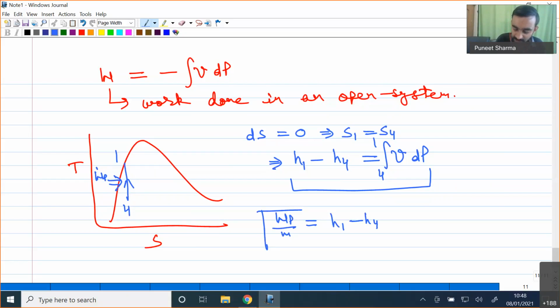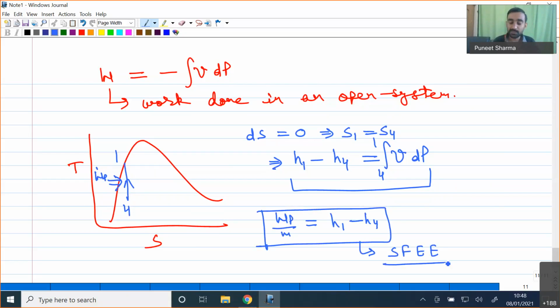And this H1 minus H4 is equal to the integral of VdP from the property relation we derived. So I can say that the integral of VdP is equal to the work done in an open system.